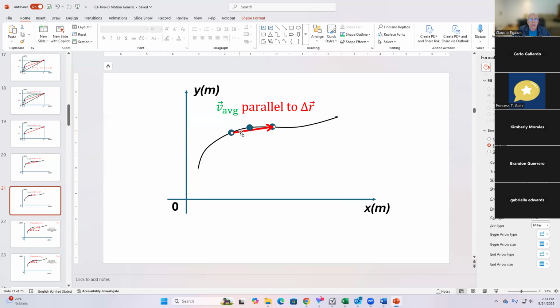I notice that my delta r position vector tends to become closer and closer to a tangent to the path. That's why I'm doing this exercise here. Let's write that down.